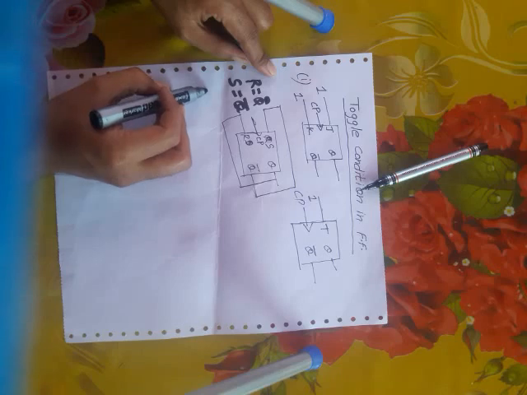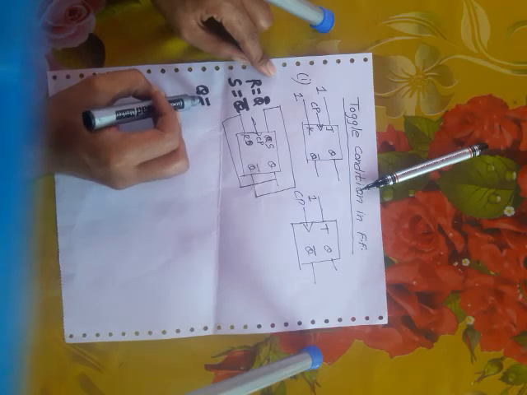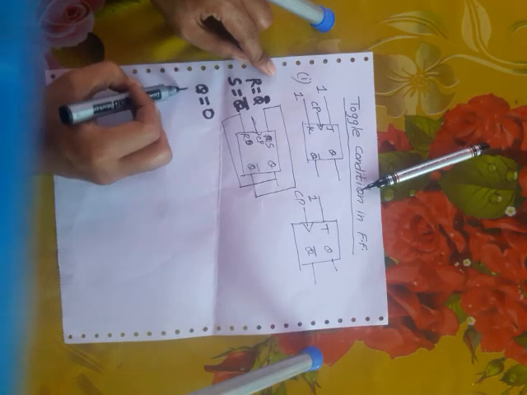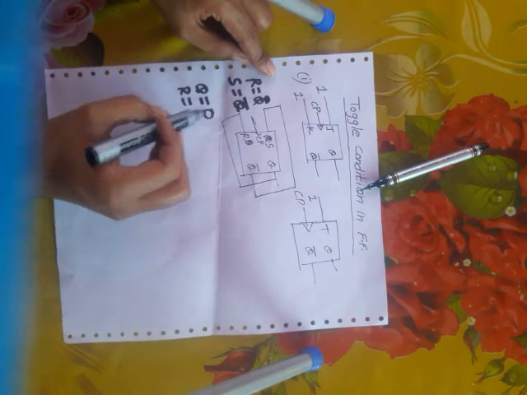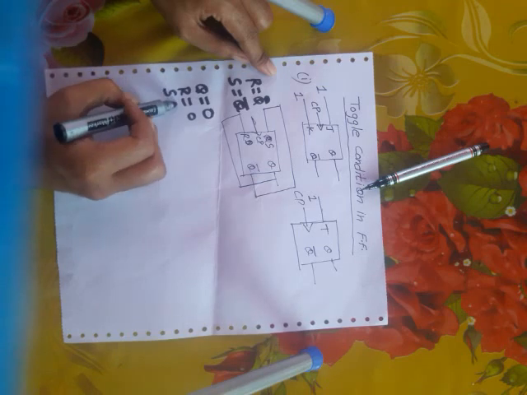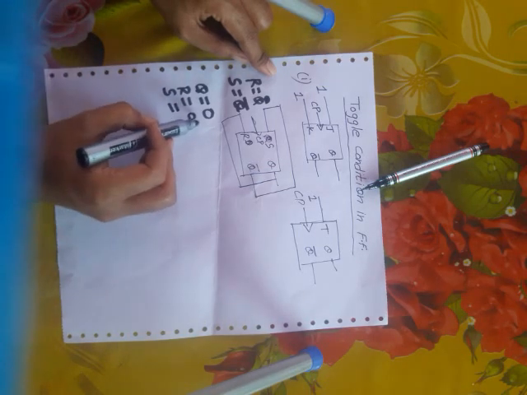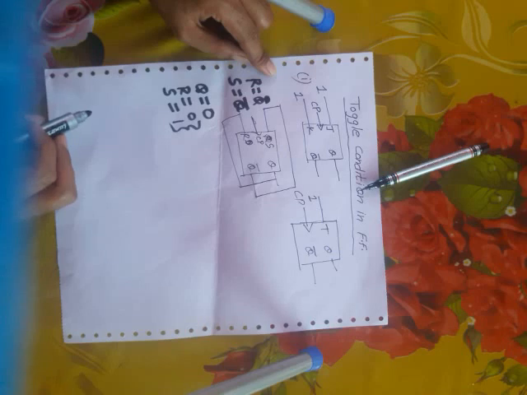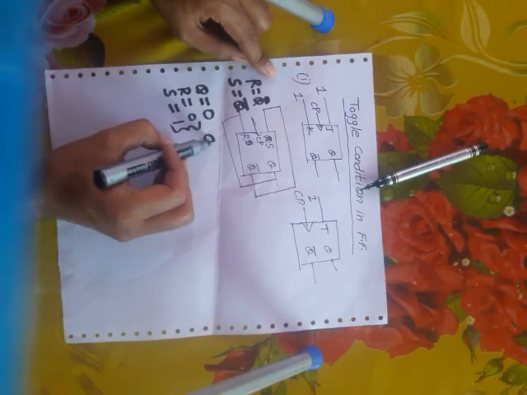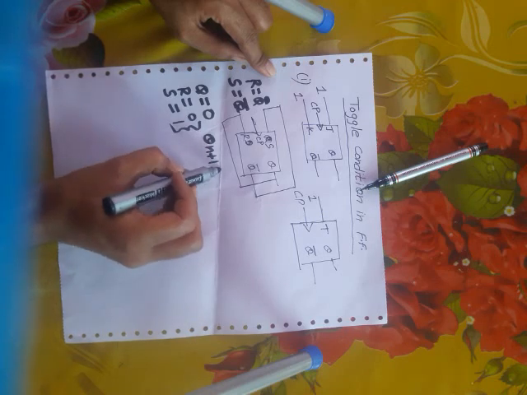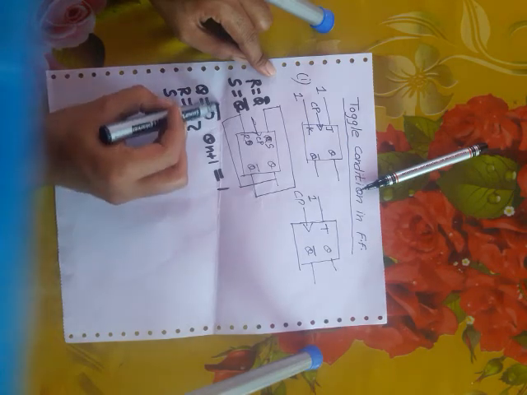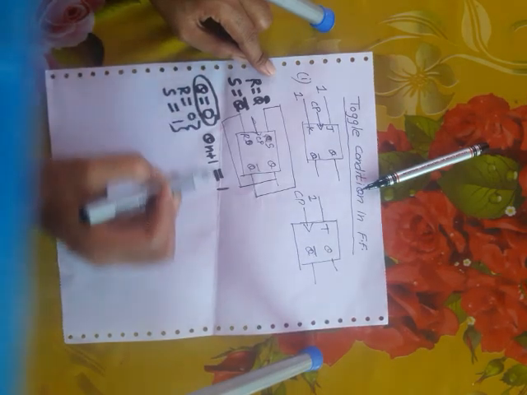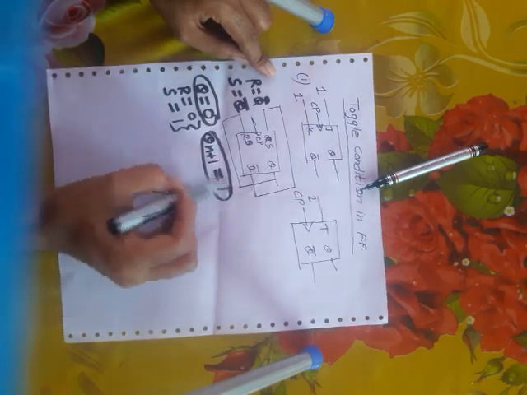If I take the value of Q equal to 0, this is your past output. What will be the value of R? R will be 0, and S will be Q bar, meaning 1. So when R equals 0 and S equals 1, this is called the set condition. So you will get Qn plus 1 equal to 1. Means you are giving 0 and you are getting the toggled output.